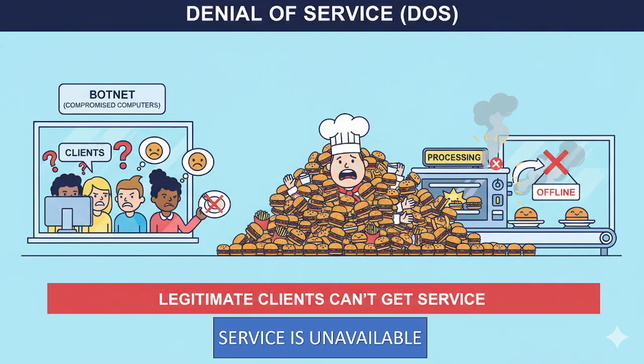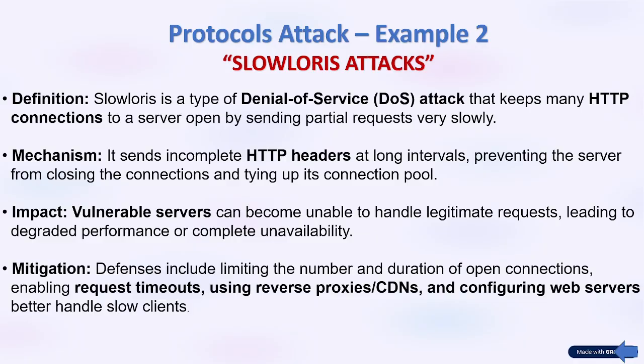As a result, the legitimate customers can't get their orders filled and the restaurant service grinds to a halt. In technical terms, the web server becomes overwhelmed, legitimate requests cannot be processed, and the service becomes unavailable. This is what we call a denial of service. So let's jump into example 2, which is Slowloris attacks. Let's summarize this slide.